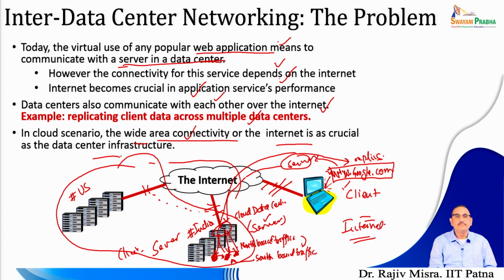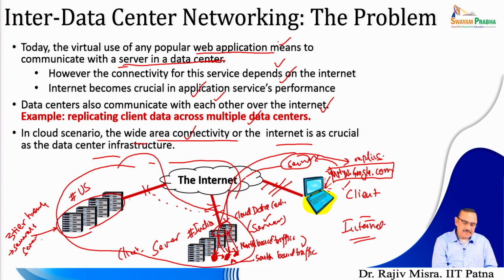So far we have seen the data center infrastructure, which is nothing but it is a 3-tier hierarchy over which several servers are connected. So, besides this, the other connectivity which we have not talked about is about the wide area network.